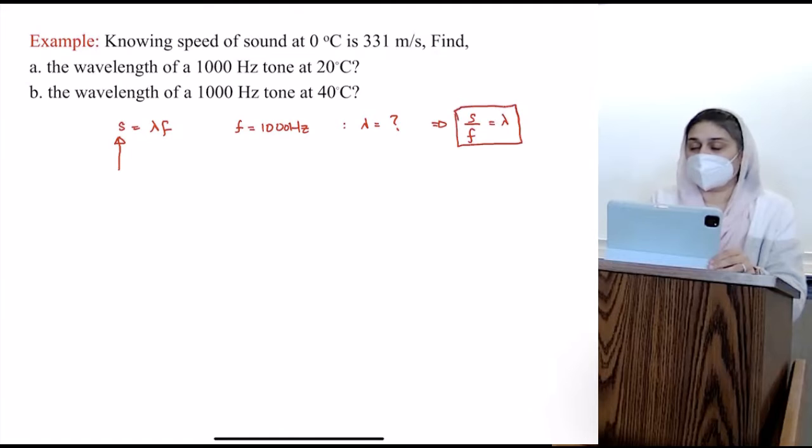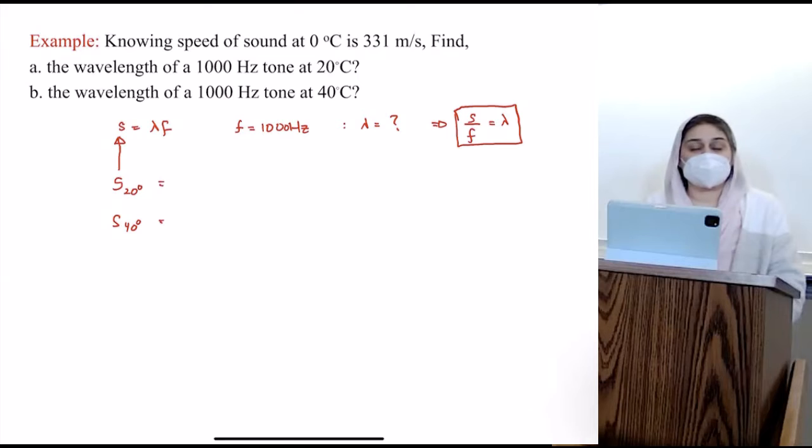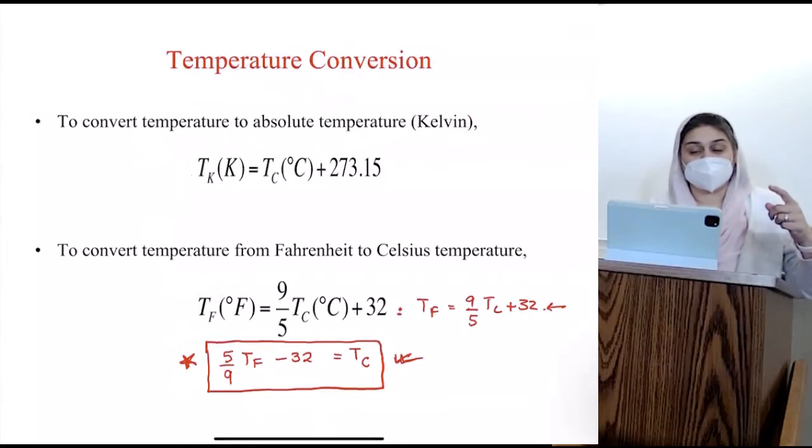There is a small problem: the speed changes at 20 degrees and at 40 degrees. So what formula should we use? The one we saw here?